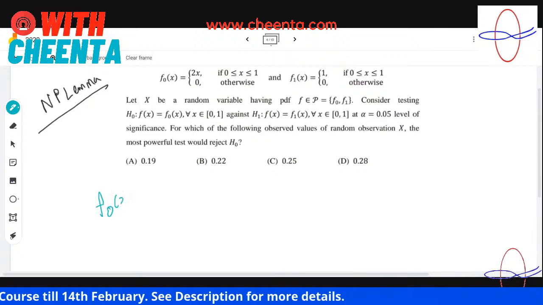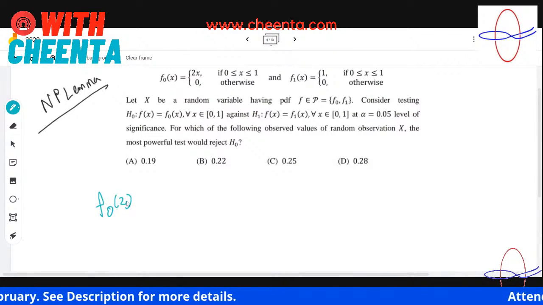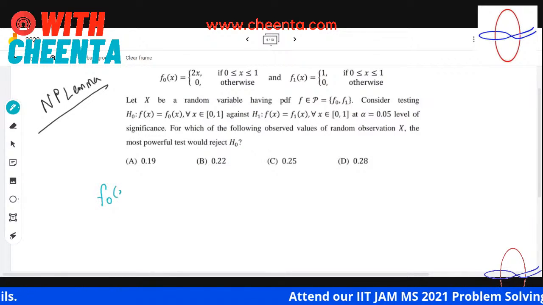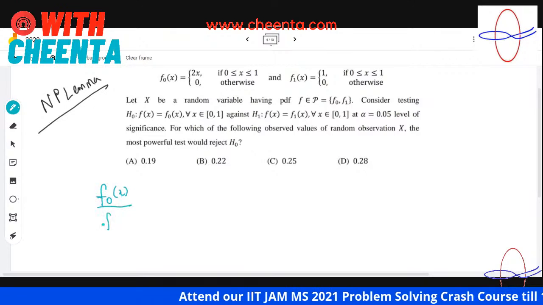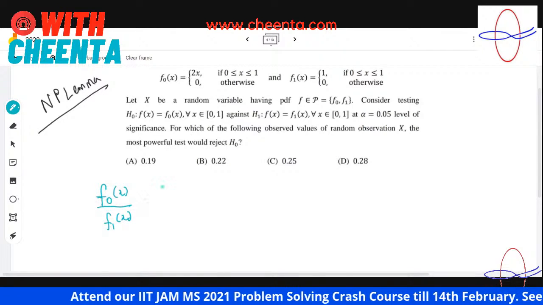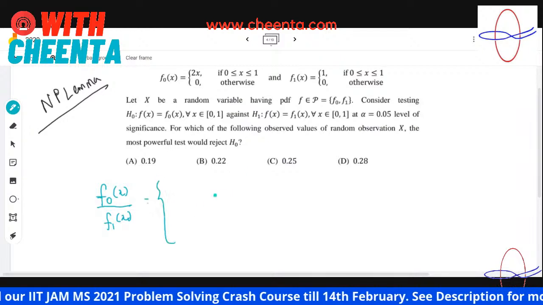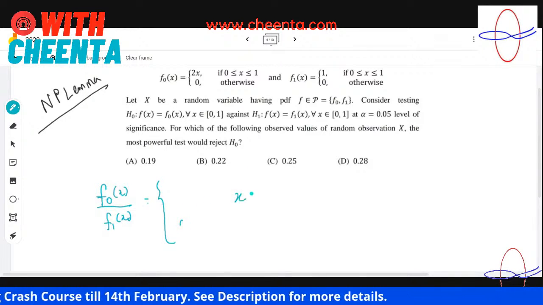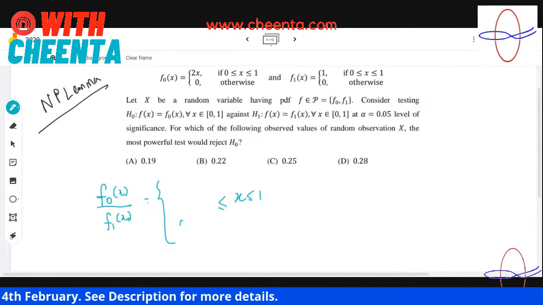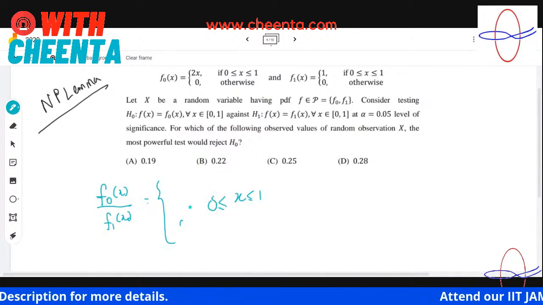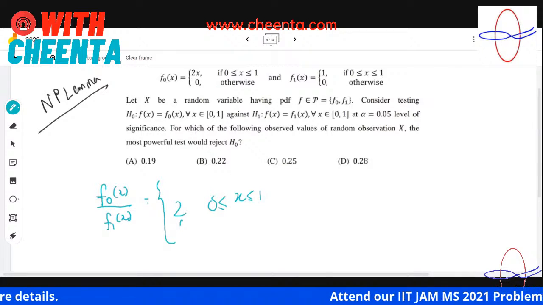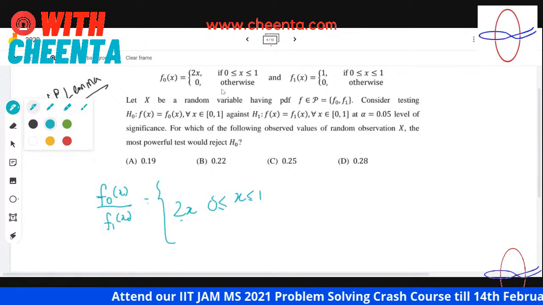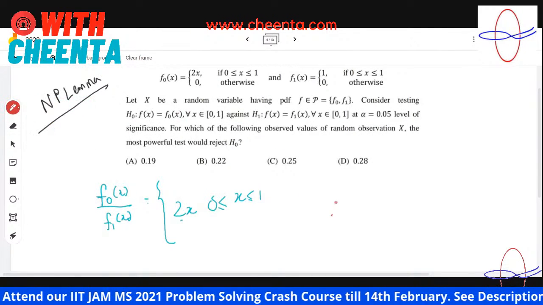Say f naught x by f1 x is turning out to be, it's only defined within x less than or equal to 1, so let's not worry otherwise. It's not defined otherwise. So it's equal to twice x. Perfect. It's defined as twice x between 0 and 1. That seems good. So therefore this is the Neyman-Pearson ratio.